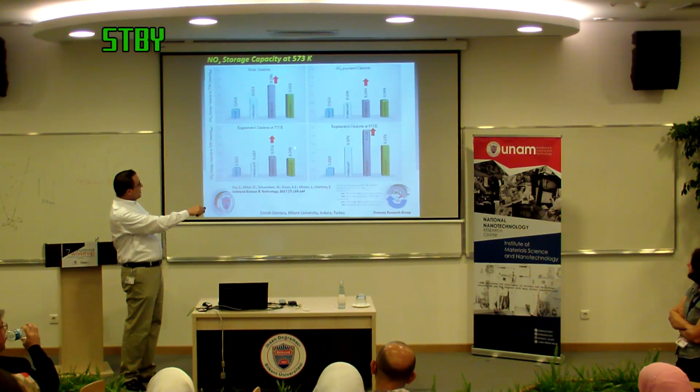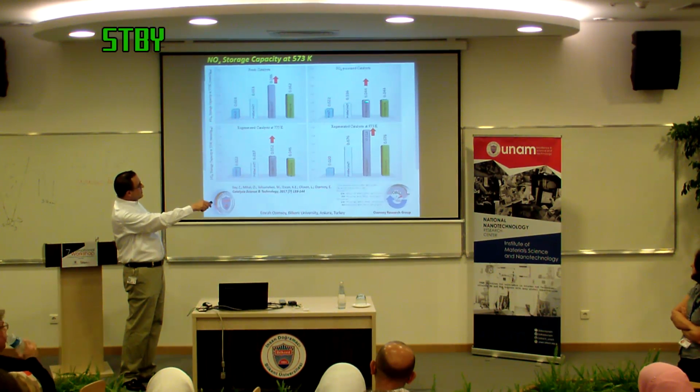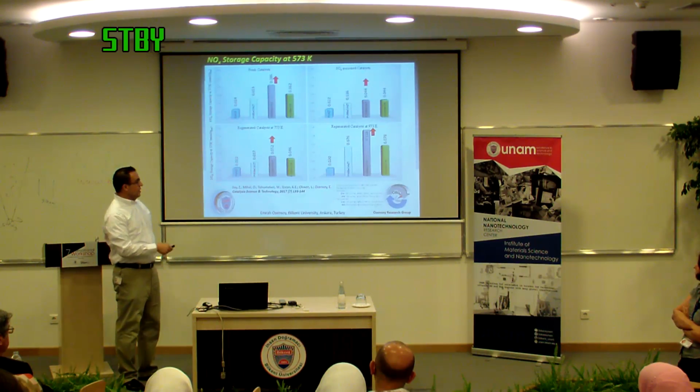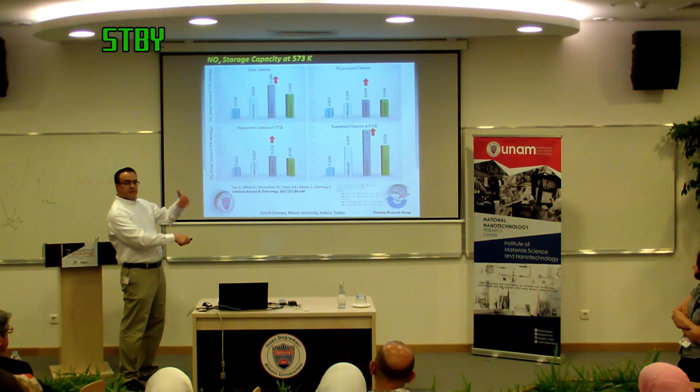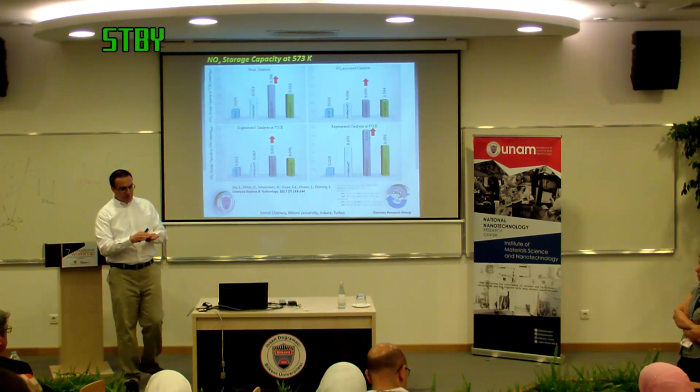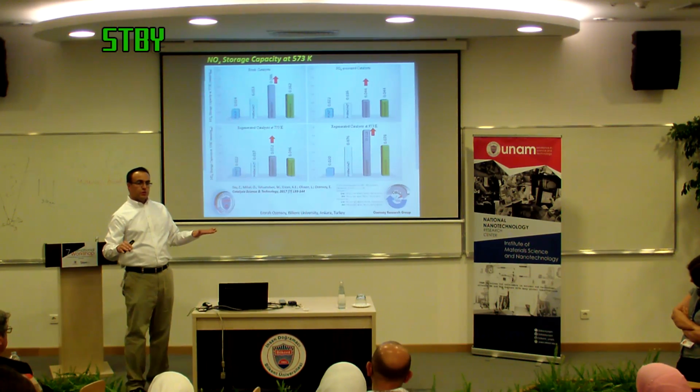What is more important is that after you poison this with SOx, it kills itself. But after you regenerate it, and this is reproducible many times, it has been done for about 10 cycles, it works even better. The reason is that a bit of sulfur is nice for the structure because it generates some Lewis acidity on the surface.